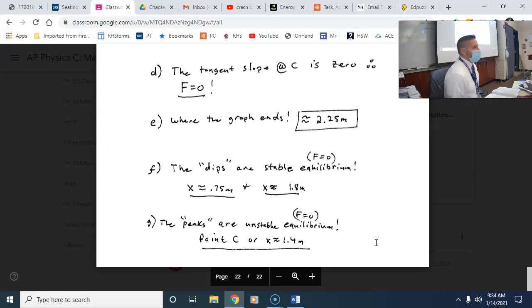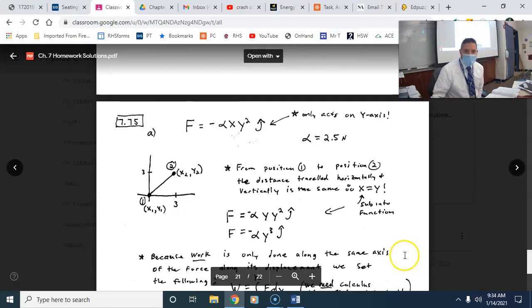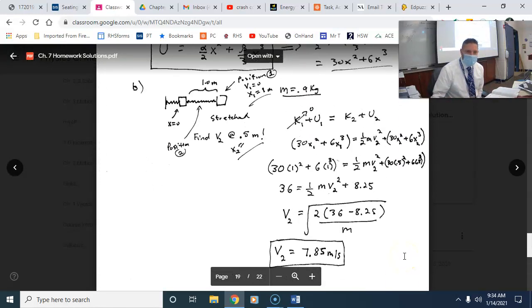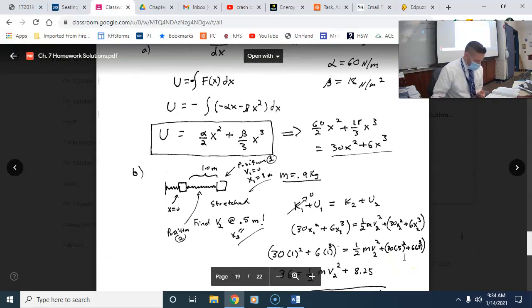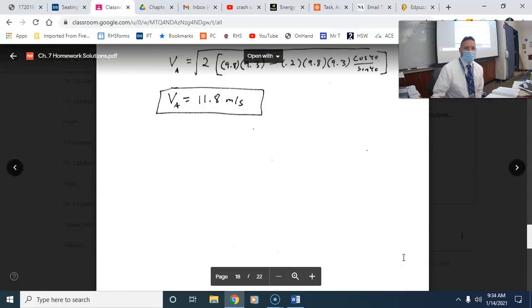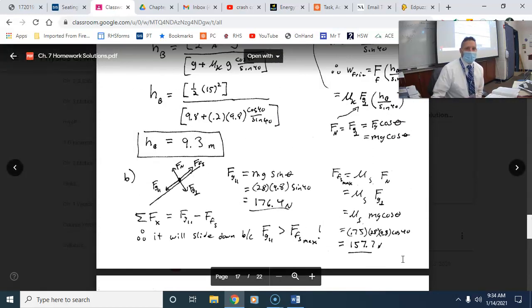Other questions? Number 42. Oh, this is a good problem. A few years back, this almost identical problem came up on the AP test.